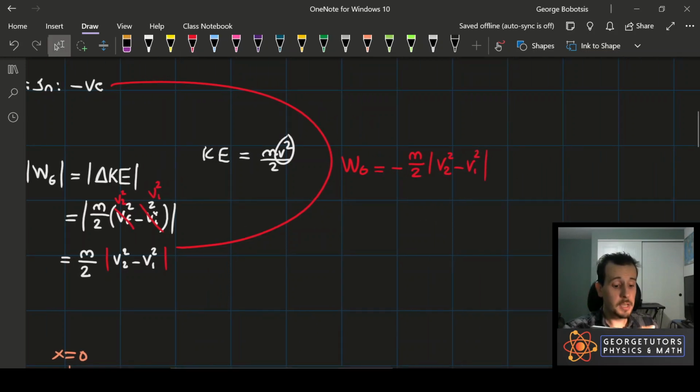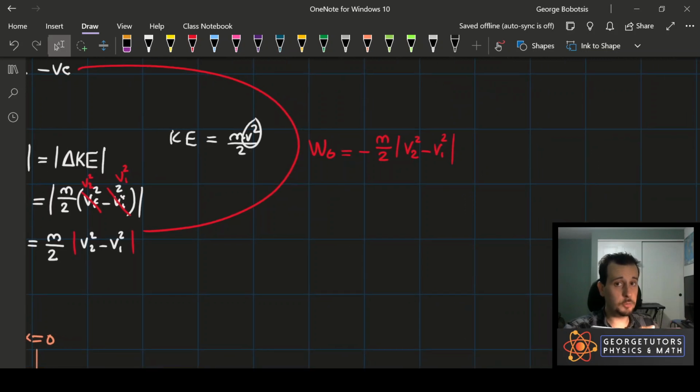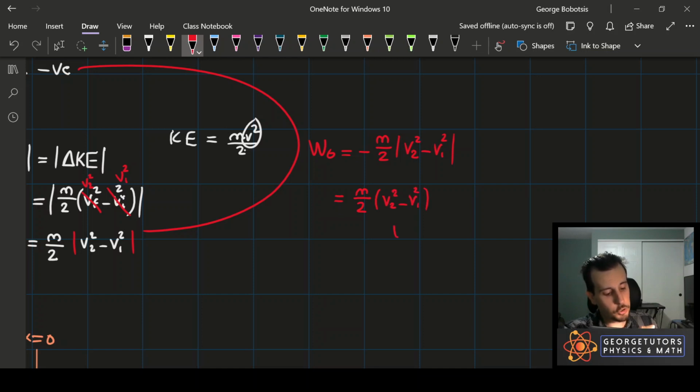Now, I know what you're thinking. You can probably write this without the absolute value, giving the same result overall. And yes, you can write this to give the same impression. You can write it as m over 2 times v2 squared minus v1 squared, because you know that this quantity will be negative right now. So we'll account for this negative that is found outside the first expression.